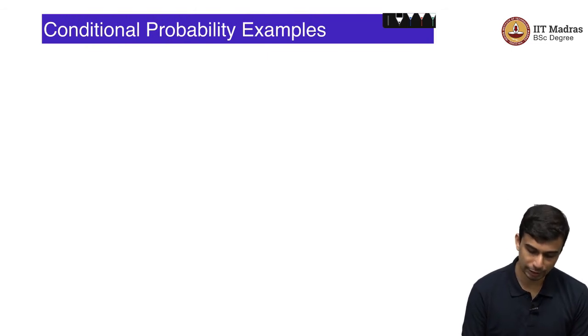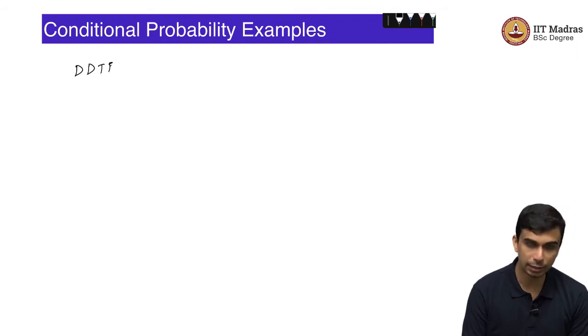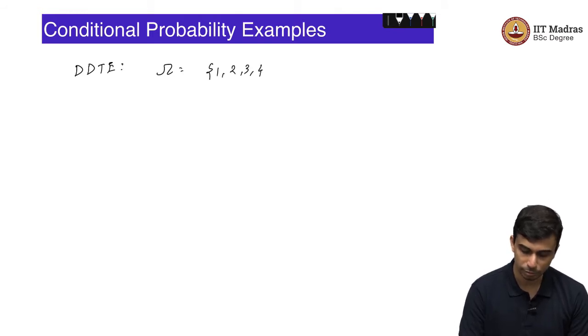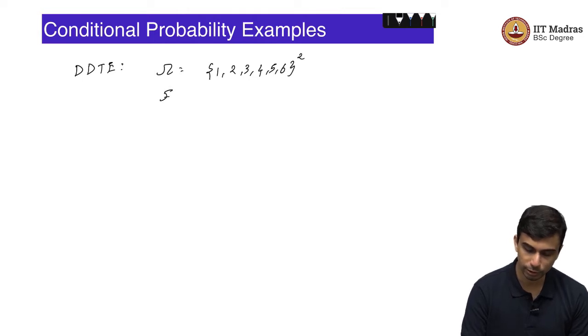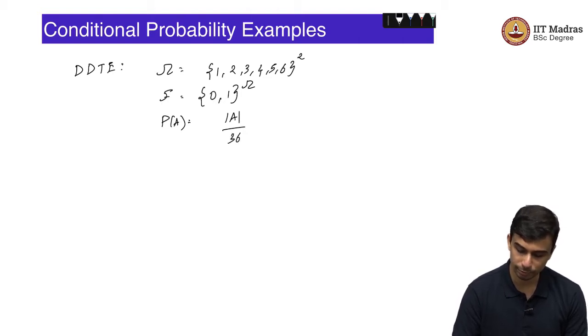For example, let's consider the double dice throw experiment, where omega is simply {1, 2, 3, 4, 5, 6} power 2 and F is {0, 1} power omega, and let's use the probability measure given by the standard probability, which is probability of A is cardinality of A by 36.